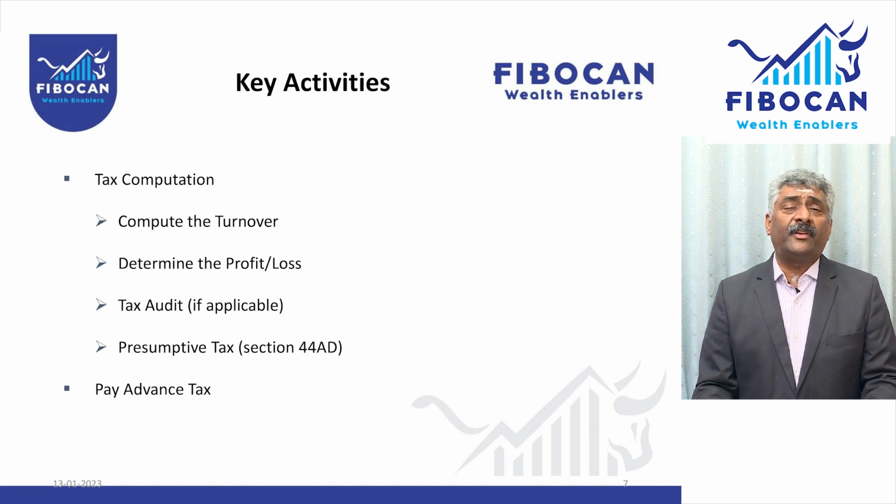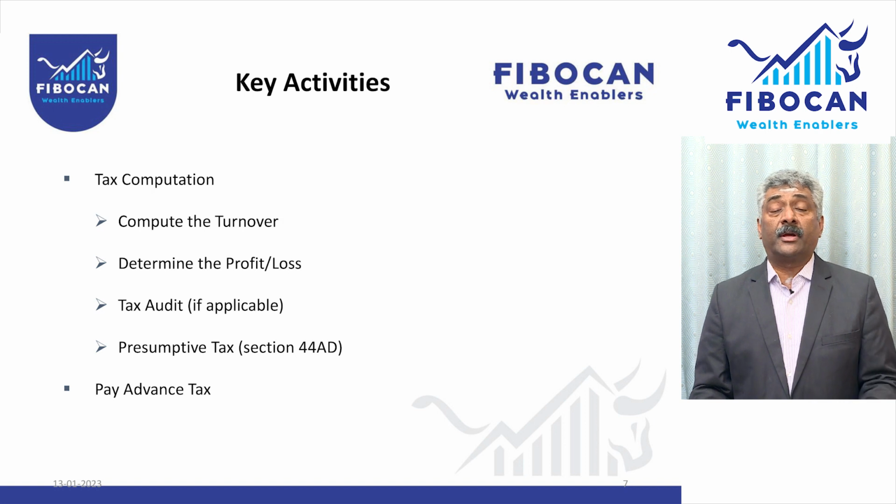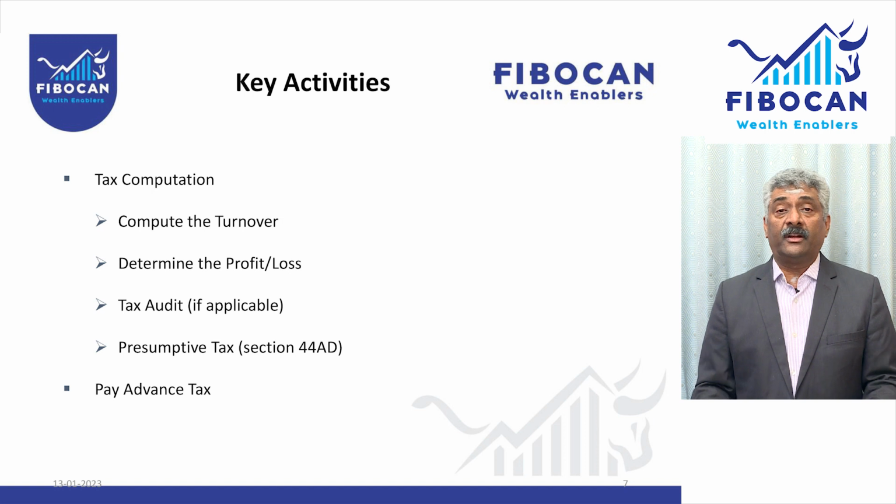What are the key activities and steps in finalizing the tax? One is the tax computation. To compute the tax, the first and foremost number required is the turnover computation. How the turnover is computed is very important. Unlike a normal business where it is sales minus purchase, here the turnover is slightly different, and earlier it was slightly complex.